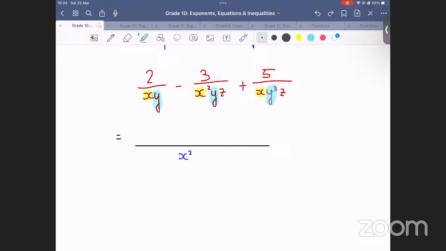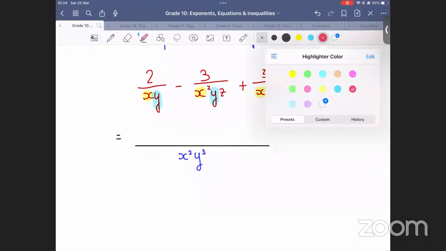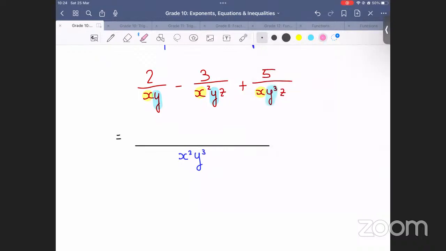With y, what is its highest exponent? It's cubed, so we're going to choose y cubed in our lowest common denominator. Then we consider z. With z, what is our highest exponent? It's 1, so we're going to choose just z. This is for our lowest common denominator.